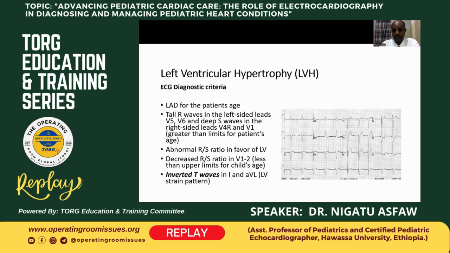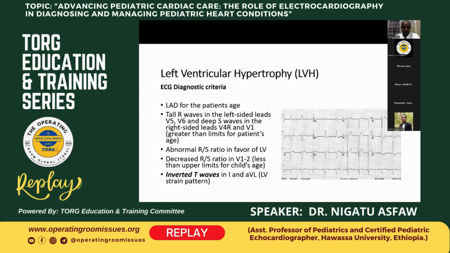And in left ventricular hypertrophy, there will be left axis deviation and tall R wave in left precordial leads. That means V5, V6, and deep S wave in right side leads, V4R and V1. And we need to standardize this amplitude for the age of the patient, and also abnormal RS ratio, which favors right ventricular hypertrophy.